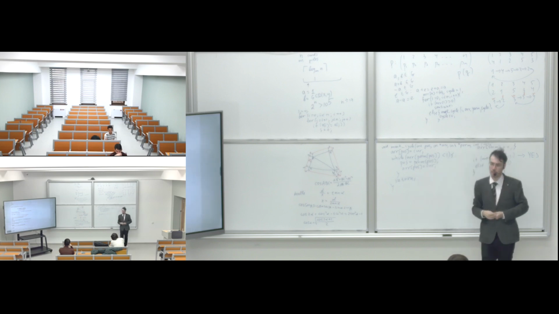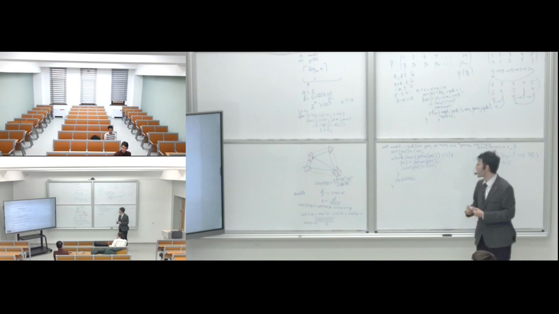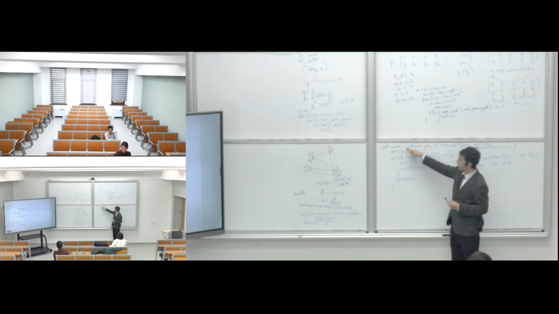And the complexity of this algorithm, what do you think? Just of marking the cycles. What do you think the complexity of this algorithm is? Yes, because we call this function, mark cycle, for each cycle once.